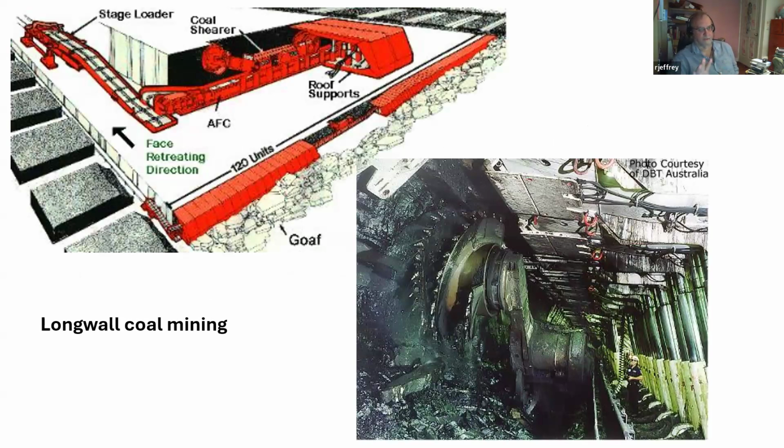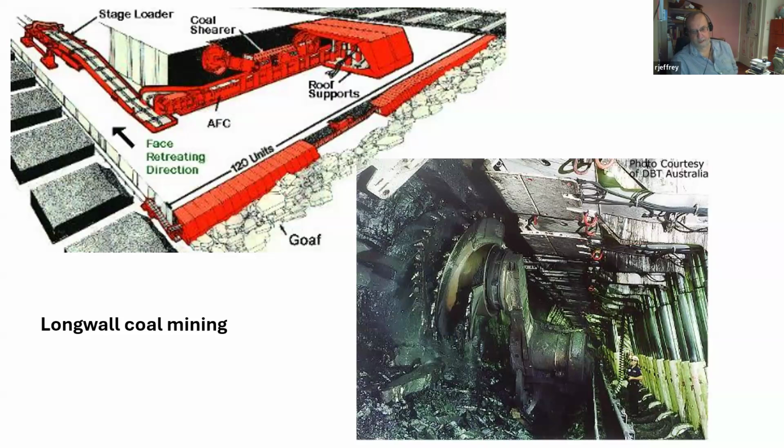So in the upper left is a diagram of an operating longwall mine, and in the lower right part is a photo showing a longwall shearer cutting coal along the longwall face, and it operates in a protected zone where the roof is supported by hydraulic supports, which are the large objects to the right of the photo.